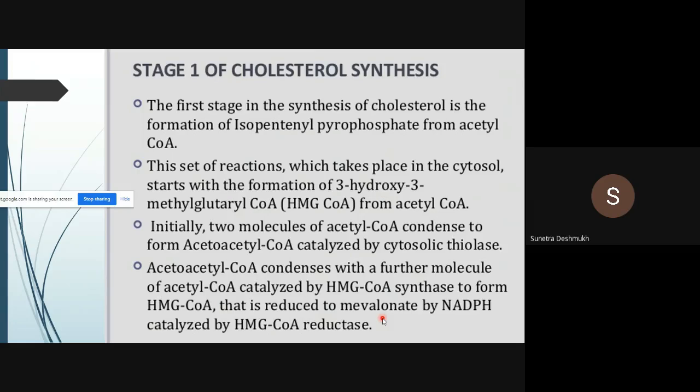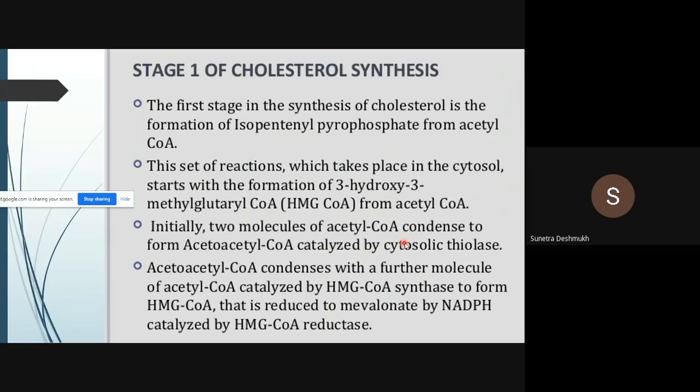So what we have done is take two molecules of acetyl coenzyme A and condense them to acetoacetyl coenzyme A. This acetoacetyl coenzyme A condenses with a further molecule of acetyl coenzyme A. These together give the mevalonate, with NADPH involved in the reduction.